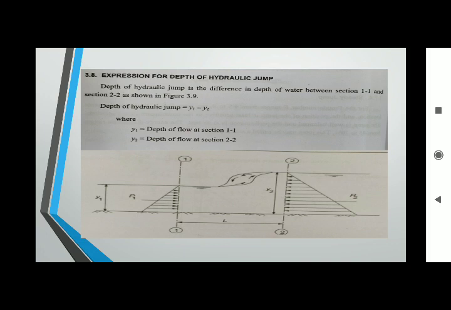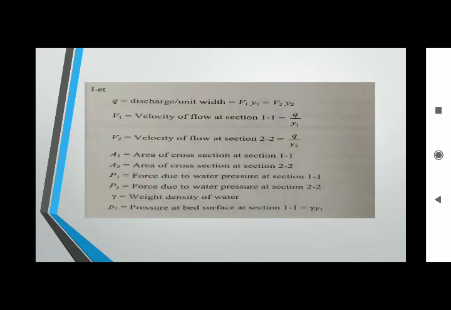The formula given earlier was the wrong way around; y2 minus y1 is the correct equation for depth of hydraulic jump. If I know y1 and Fn1, then I can calculate y2. If I know y2 and Fn2, then I can calculate y1. So by using first section data, I can calculate second section values, or using second section data, I can calculate first section values.